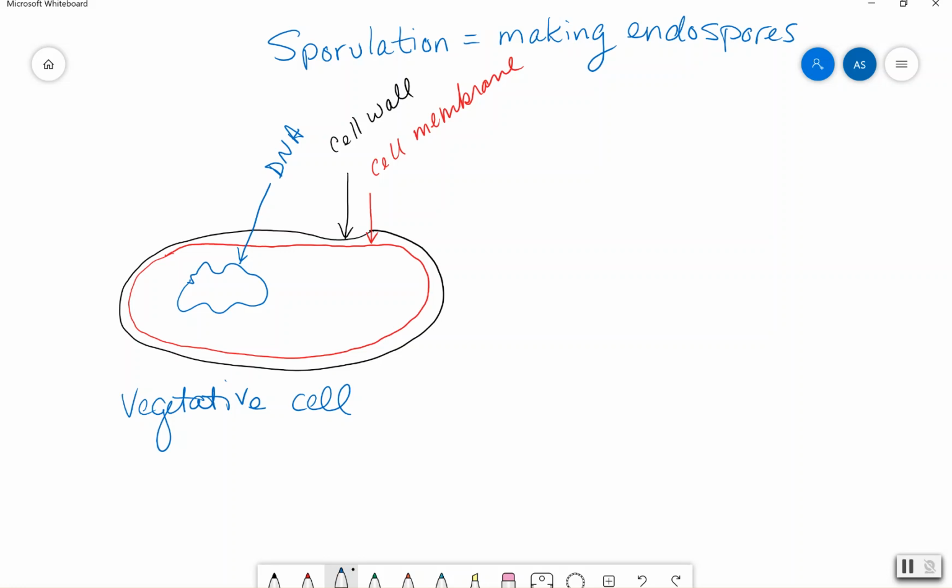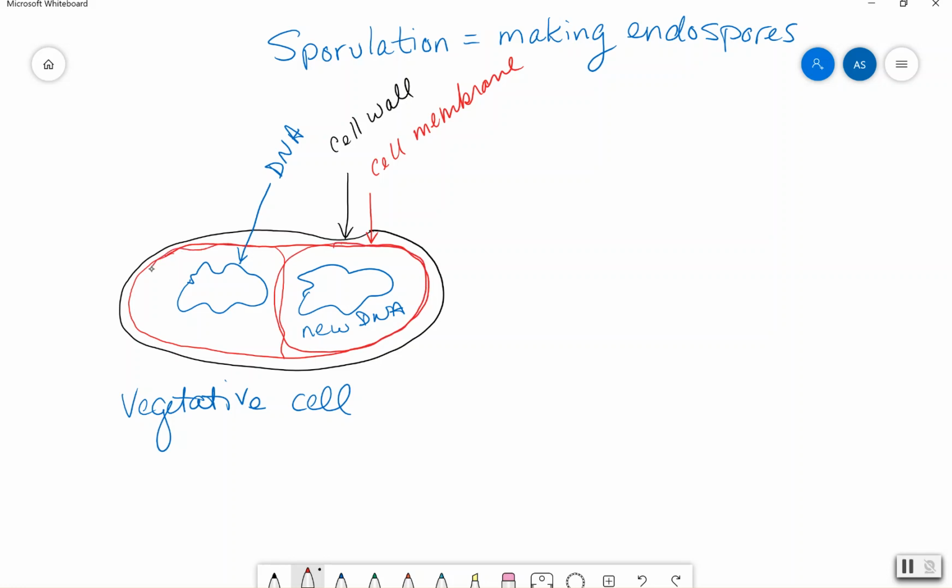The first thing that happens is that the cell will make a fresh copy of its DNA or its chromosome. So it makes new DNA for this. And once that new DNA is made, now this cell membrane is sort of going to pinch inward, and we're going to have a cell membrane surrounding this new DNA.